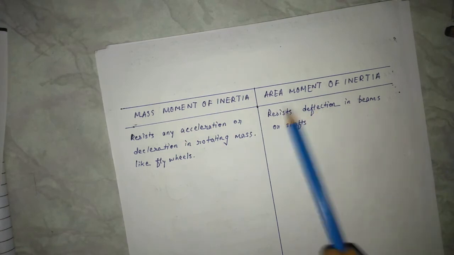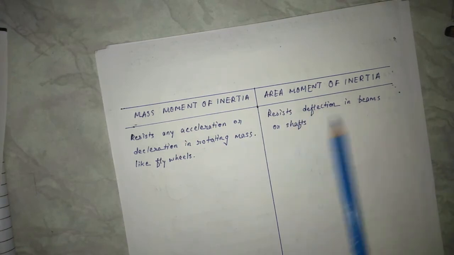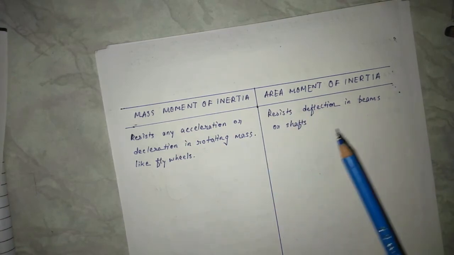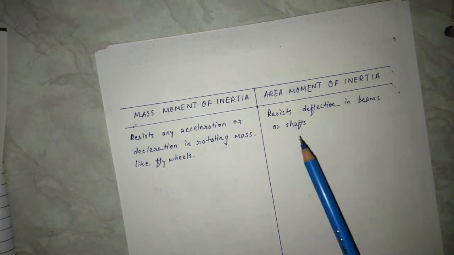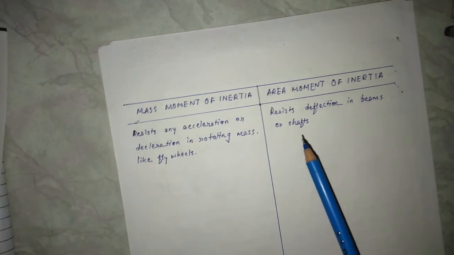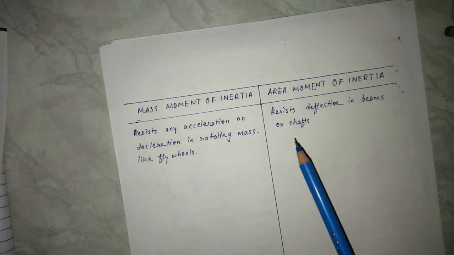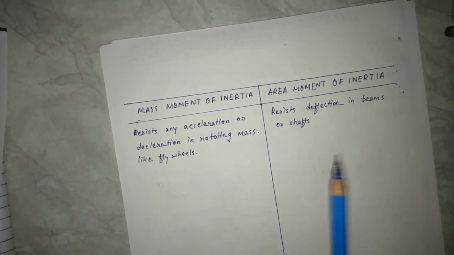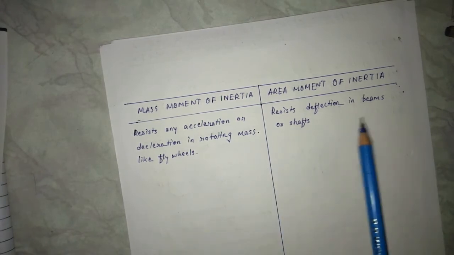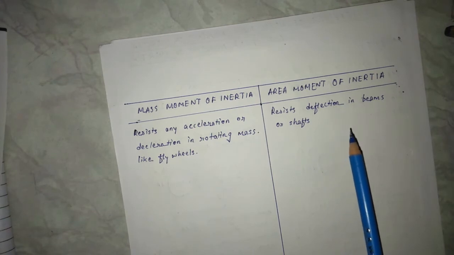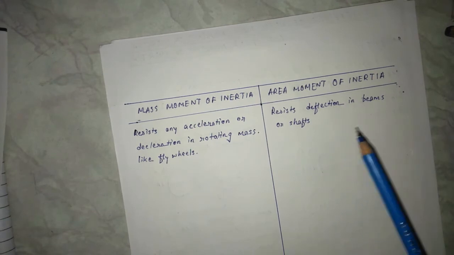And area moment of inertia resists deflection in beams or shafts. Some beams are used in buildings, and even iron or steel beams are used in factories or industries, and they sometimes deflect due to vibrations.